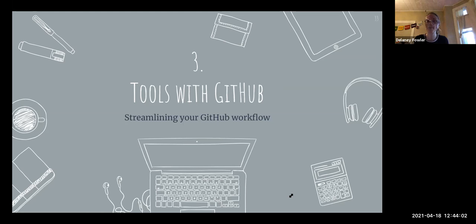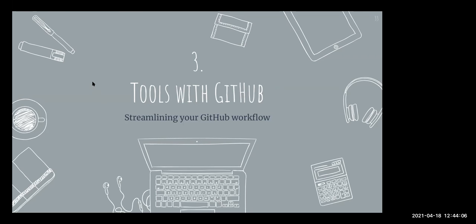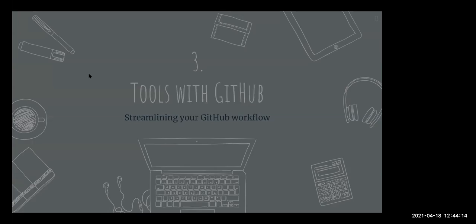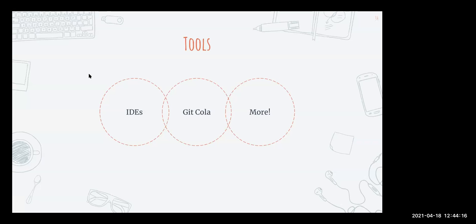We're gonna talk about tools that you can use with GitHub to make your workflow a little bit easier. Some good examples are IDEs. And like Anna showed, you can use the JetBrains IDEs like IntelliJ or PyCharm or anything like that.